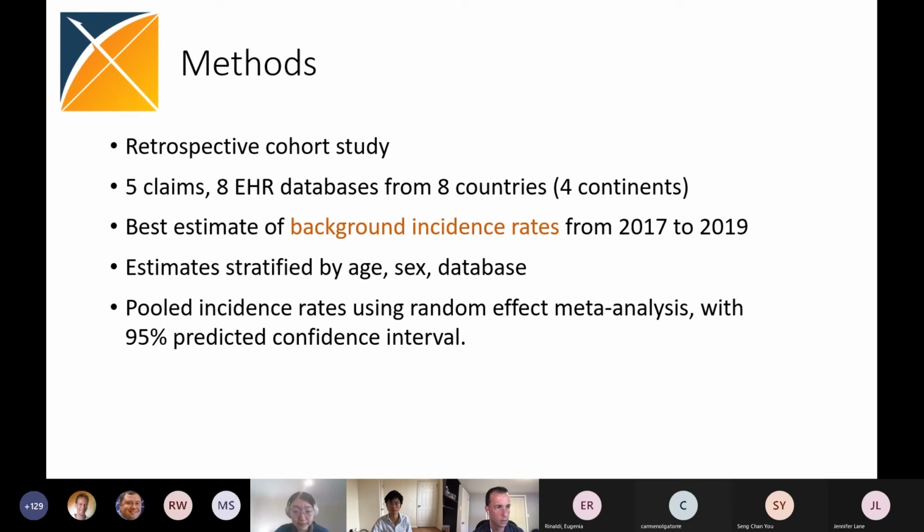We estimated the background incidence rates of those selected events from 2017 to 2019, and we reported rates stratified by age, gender, and also by database. Aside from that, we also reported pooled incidence rates using a random-effects meta-analysis model to put all the rates across databases together.